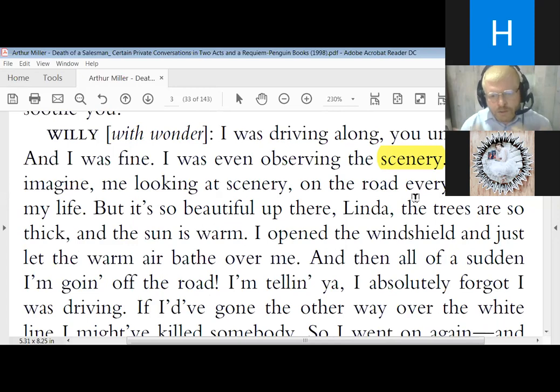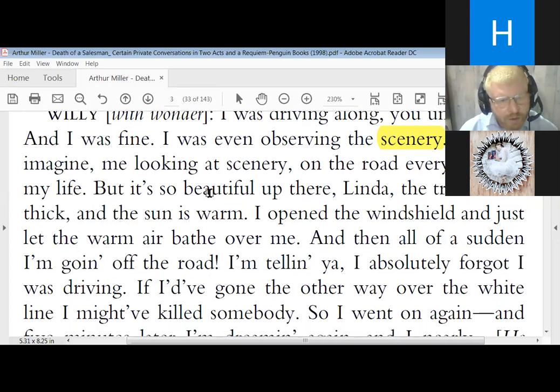Now he says that even when he's driving, he's observing the scenery, the trees and the landscape on the road. You can imagine me looking at scenery on the road every week of my life, but it's so beautiful up there, Linda. The trees are so thick and the sun is warm. So you see how he is speaking about nature.